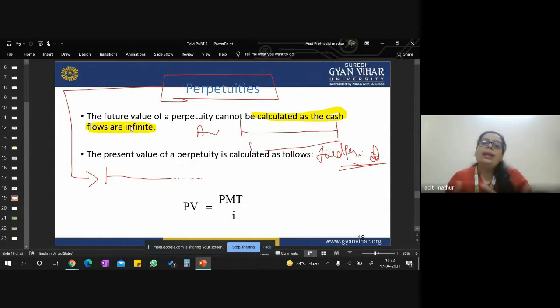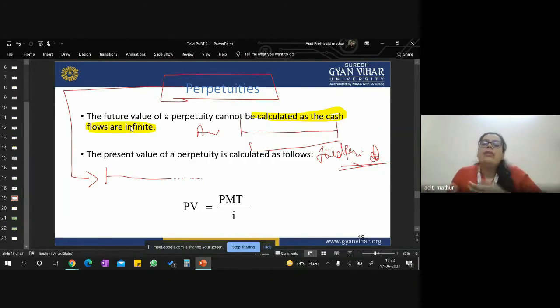So ma'am, how do we calculate the present value of perpetuity? The present value of perpetuity is whatever amount you are going to receive equally forever, that amount divided by the interest rate, which gives you the present value. Ma'am, where is n? There is no n. Why? Because n is infinite. So you don't have a specific number of periods or specific time or years.